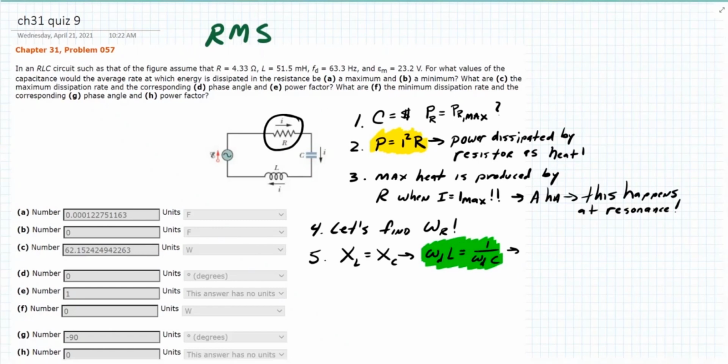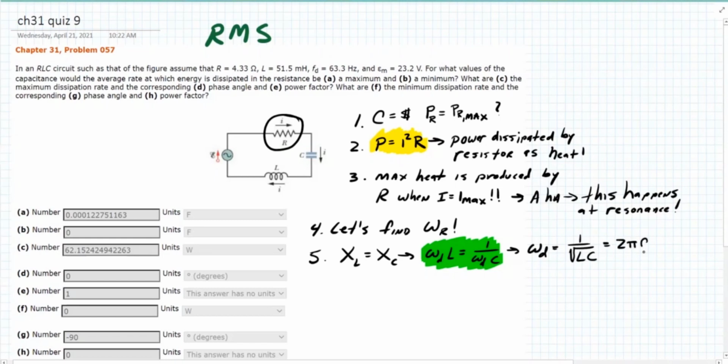So I can write that as omega_D equals 1 over the square root of LC. I do know this. I know that omega_D equals 2 pi f.